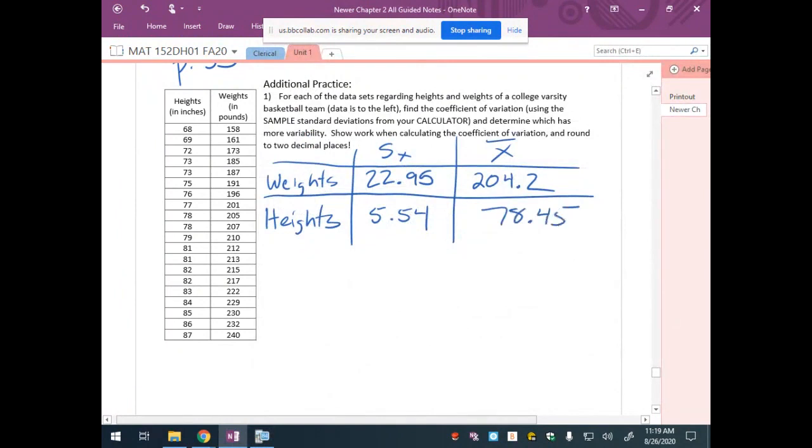So now that is going to enable us to figure out our coefficients of variation. For the weights, we do 22.95 over 204.2 times 100%. That's 11.24%.